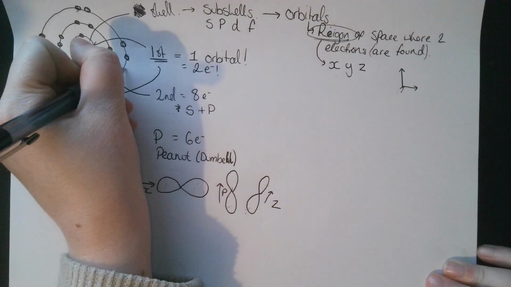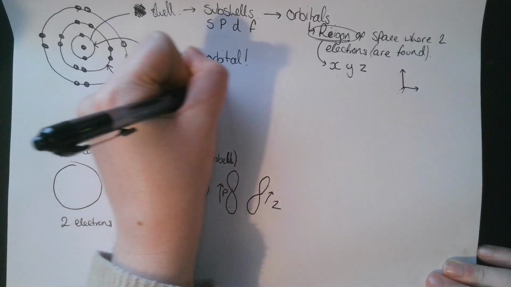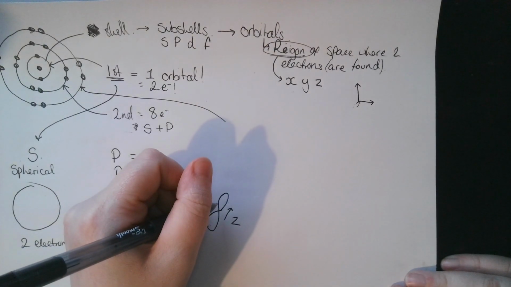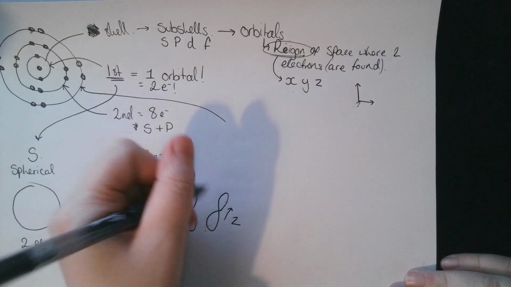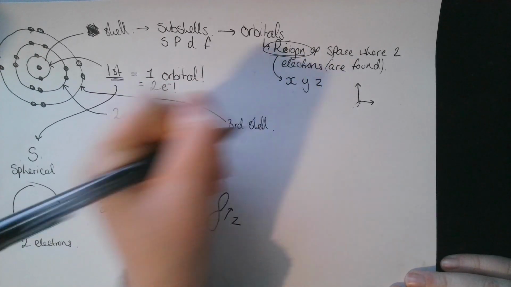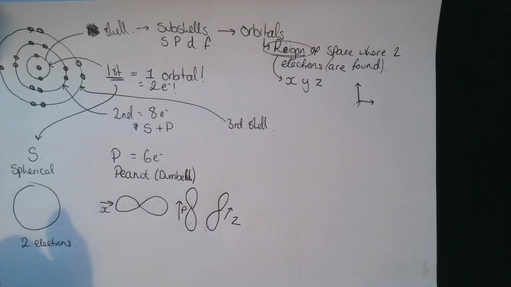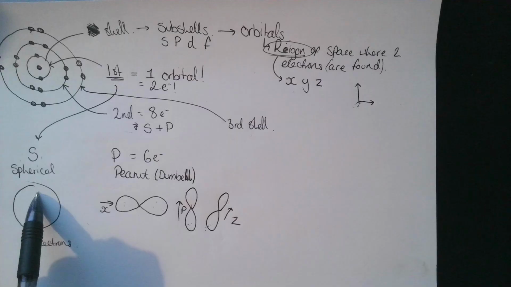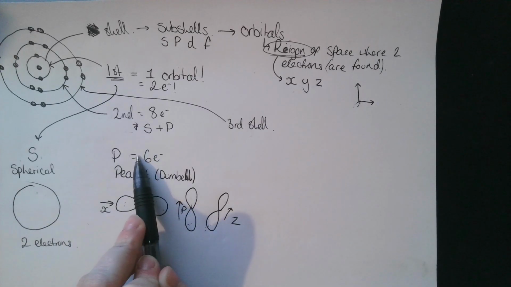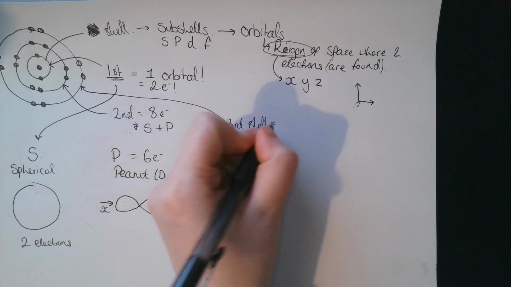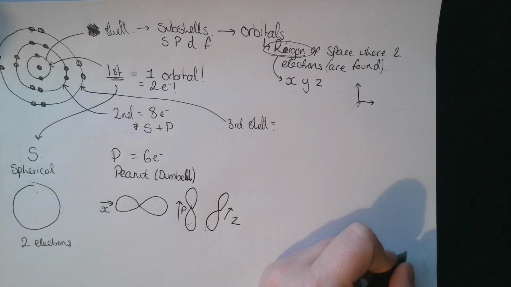Finally, coming on to the third shell. So the third shell still has an S. It still has a P. But how many electrons in total can the third shell hold?